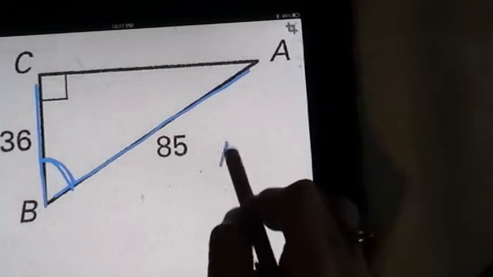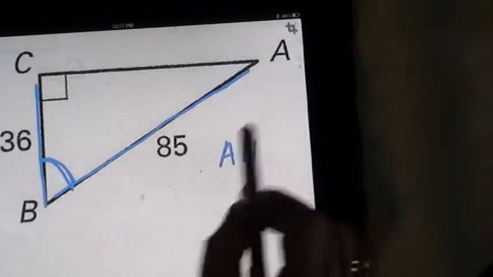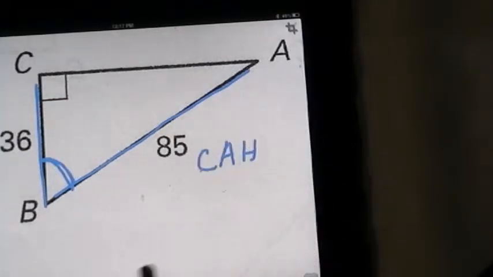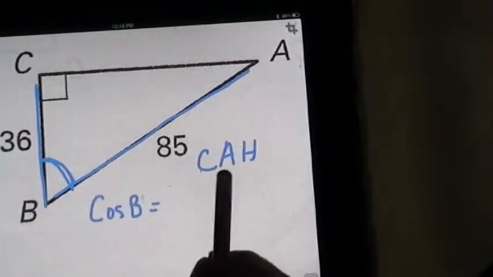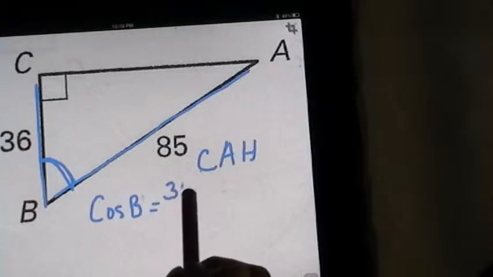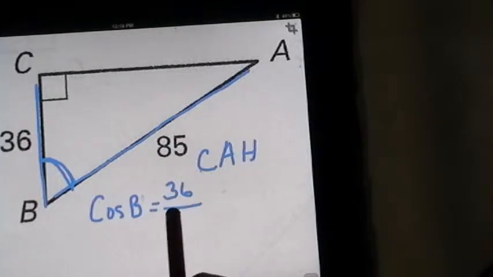So I have adjacent and hypotenuse. That means I'm going to be doing cosine. So the cosine of B is equal to the adjacent side, which is 36, over the hypotenuse, which is 85.